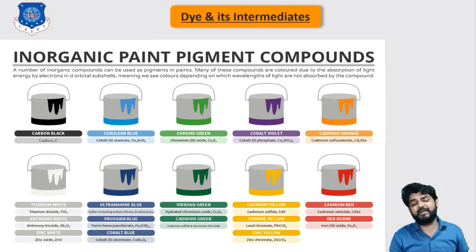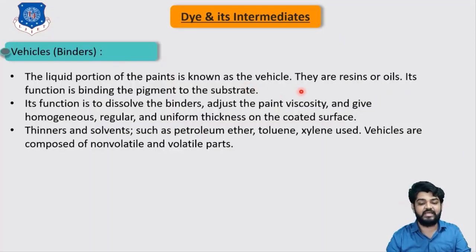Now after the pigment, the next component is our vehicle, or we can say blenders. The liquid portion of the paint is known as the vehicle. They are resins or different types of oil. Its main function is blending the pigment and different substances. Its function is to dissolve our blenders, adjust the paint viscosity and give a homogeneous, regular, uniform thickness of the coating on the surface.